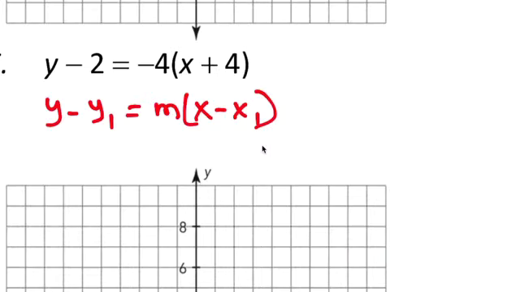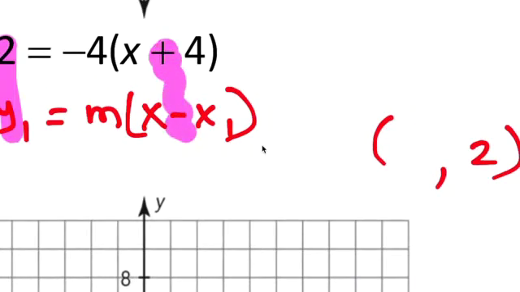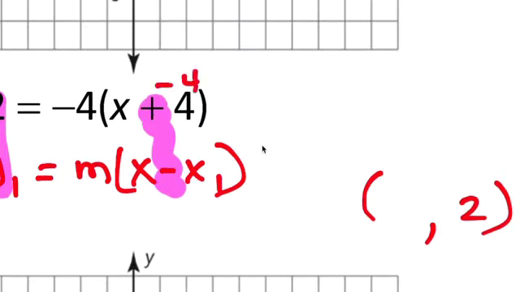So y is 2, because these are the same already. So that's y is 2. y goes here. x has to be a negative, because look, it's the opposite of each other. So that's a negative 4. Two negatives is a positive.